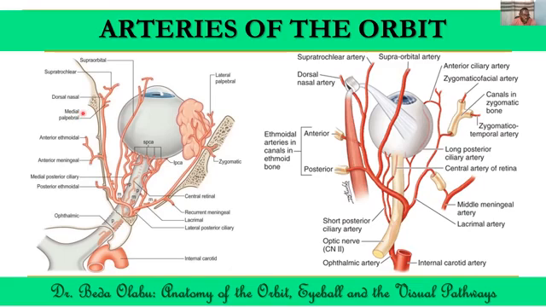We have the medial palpebral branch. The medial palpebral branch is usually anastomosed with the lateral palpebral branch on the eyelid. The palpebral is the eyelid. We have the ethmoidal branches, so the anterior ethmoidal branch, posterior ethmoidal branch. And we have the ciliary branches. The ciliary branches can be classified as medial and lateral.